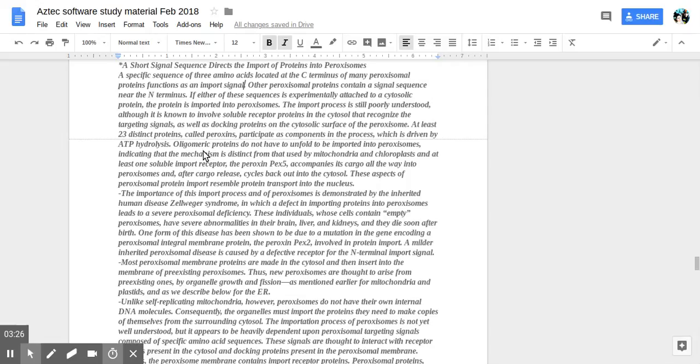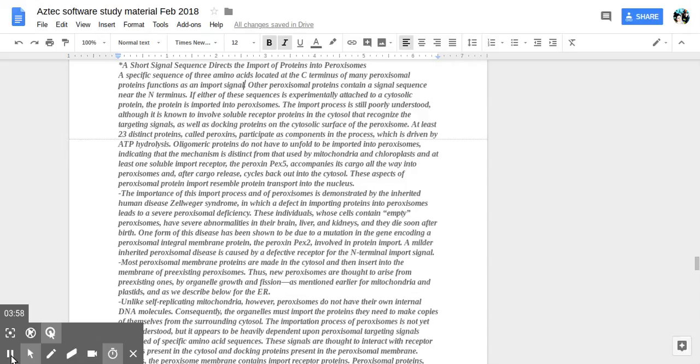If either of these sequences is experimentally attached to a cytosolic protein, the protein is imported into peroxisomes. The import process is still poorly understood, although it is known to involve soluble receptor proteins in the cytosol that recognize the targeting signals as well as docking proteins on the cytosolic surface of the peroxisome. At least 23 distinct proteins called peroxins participate as components in the process, which is driven by ATP hydrolysis.